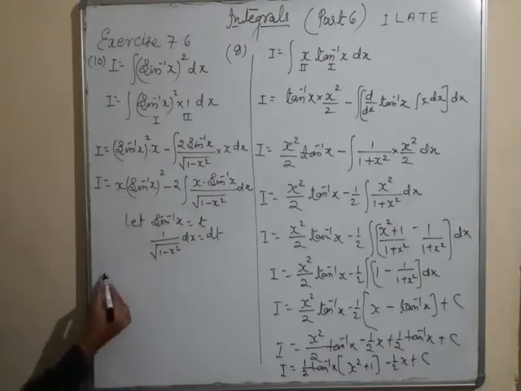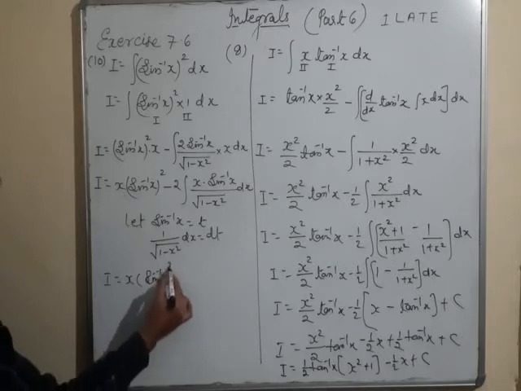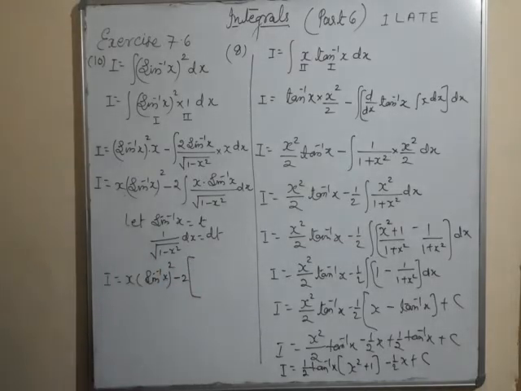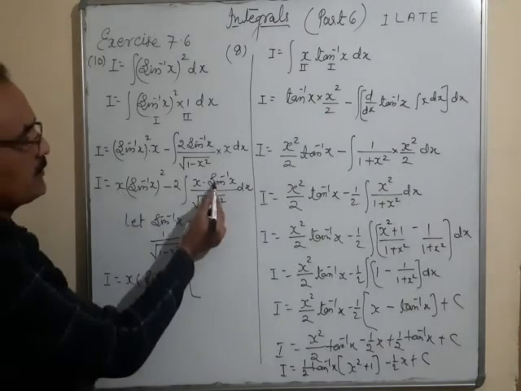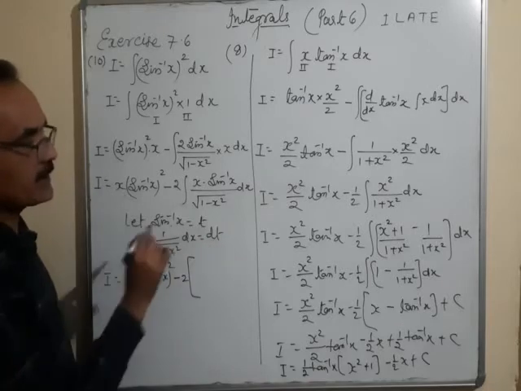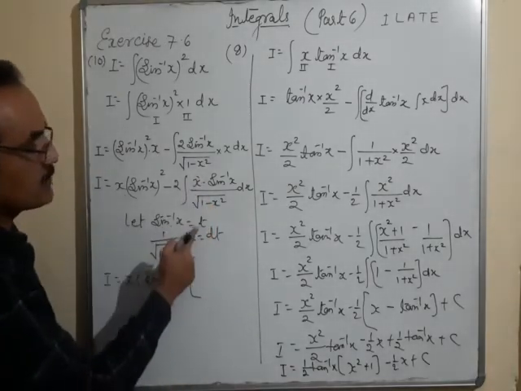Now we'll replace the value. I is equal to x (sin inverse x) whole square minus 2 in a bracket. See here, sin inverse x is equal to t, 1 upon under root 1 minus x square dx is equal to dt, and x is equal to sin t.